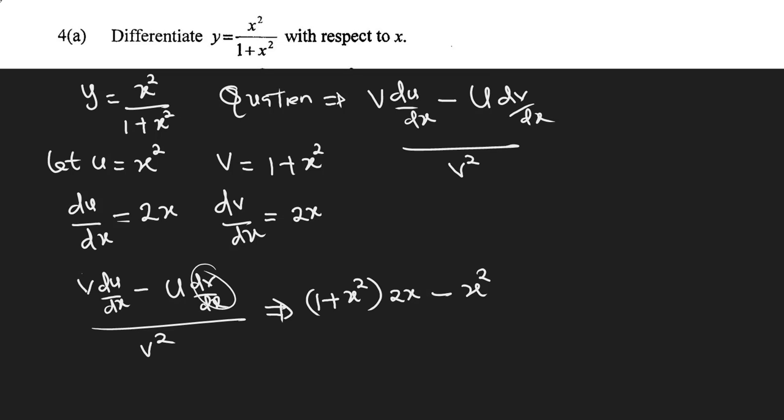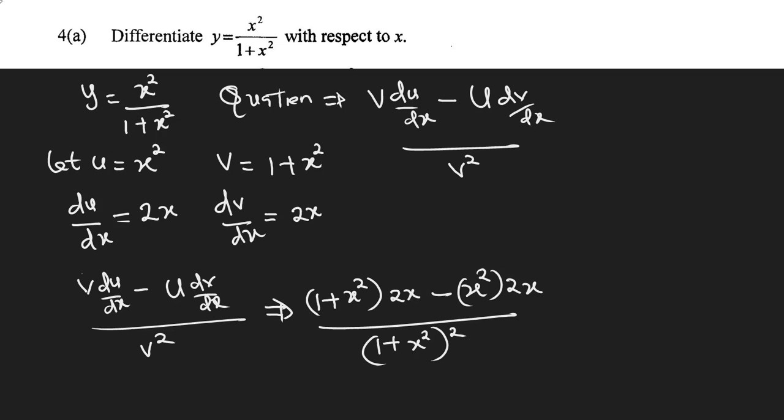And what is our dv dx? Our dv dx is 2x, right? So we have times 2x. Then over, what is our v squared? Our v squared is simply to square our v, which is this, so 1 plus x squared all squared, right?